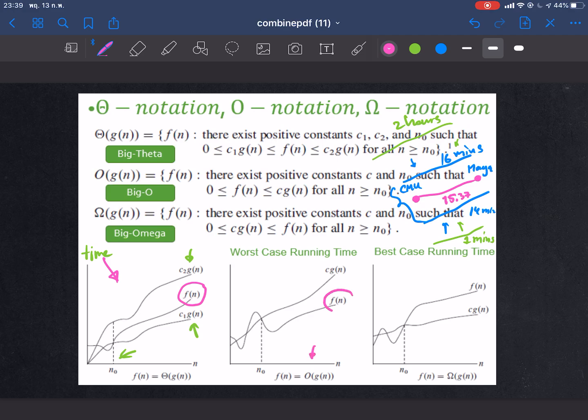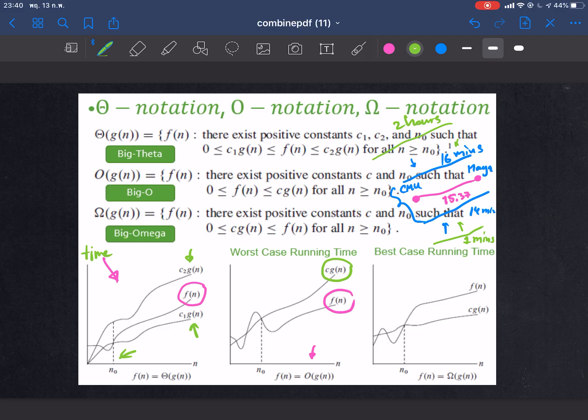This is your function, and you have only the upper bound. So the upper bound informs you that your algorithm's running time will not use more than that time. More time means the worse time, so it is the worst case running time bound, okay?